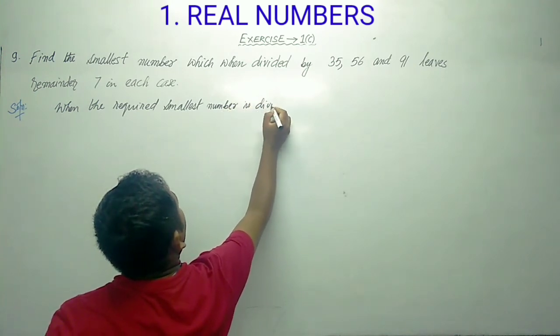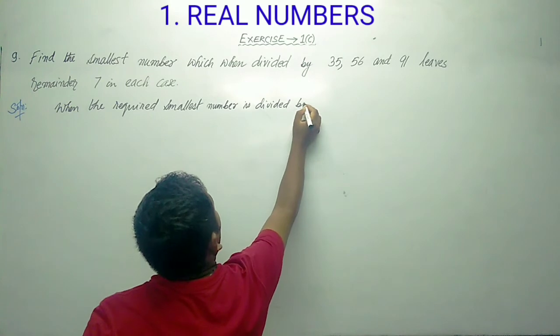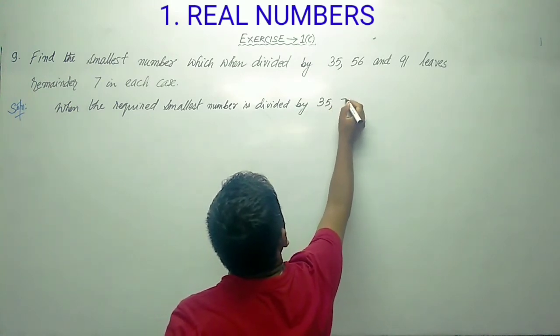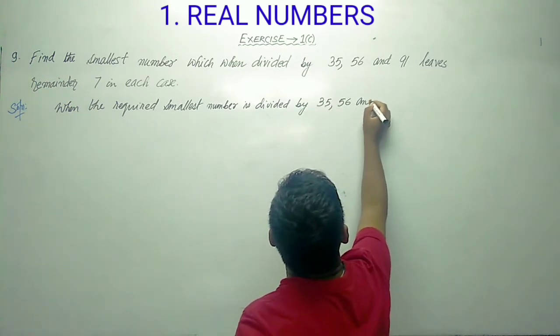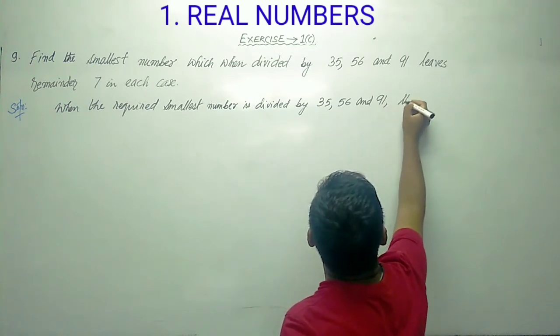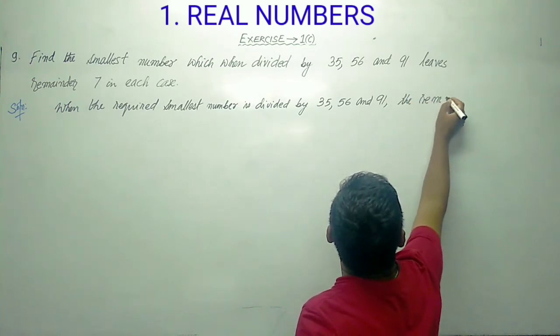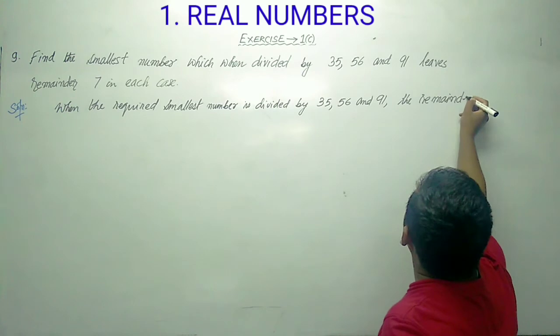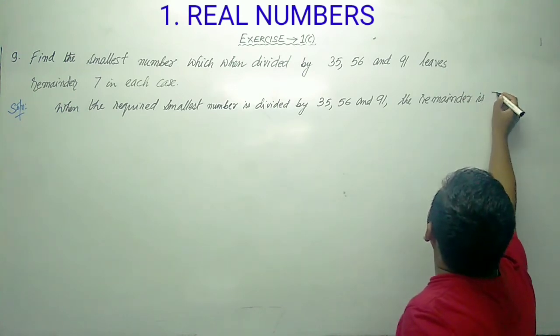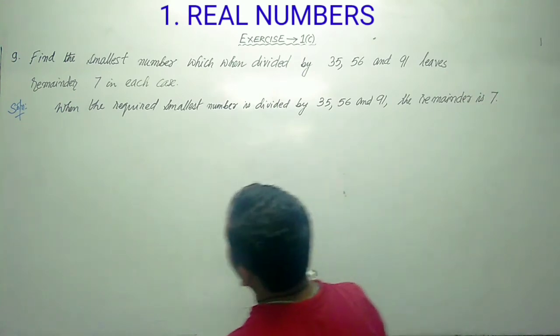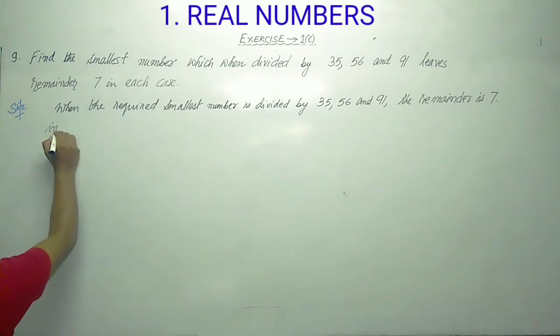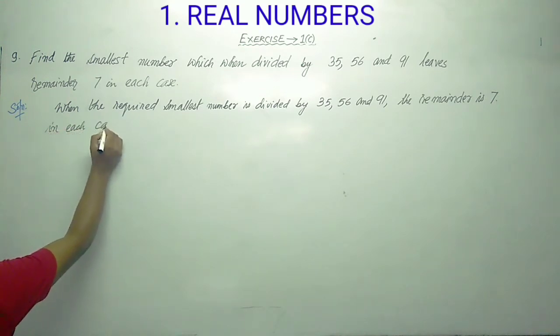So when the required smallest number is divided by 35, 56 and 91, the remainder is 7 in each case.